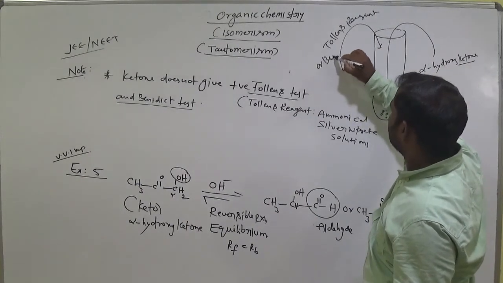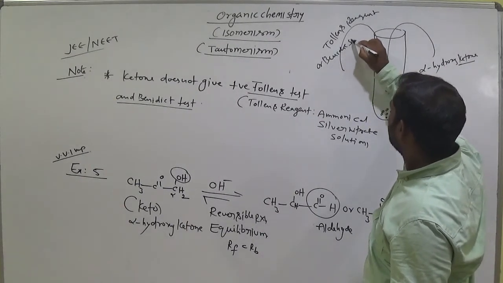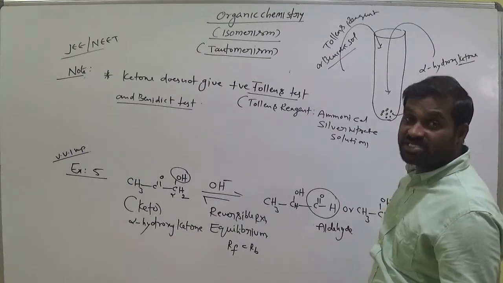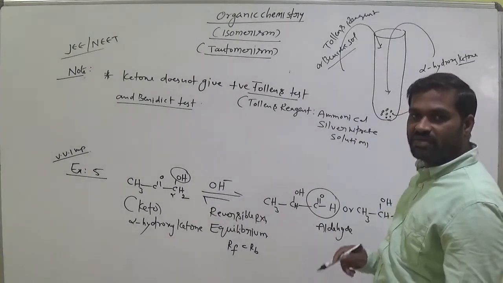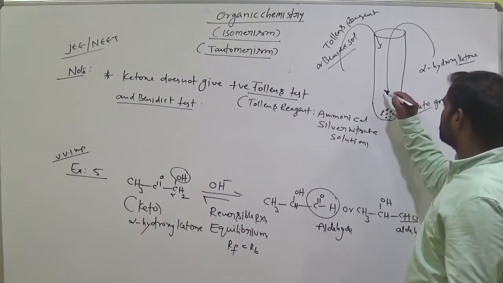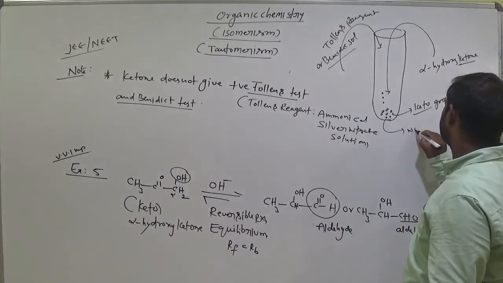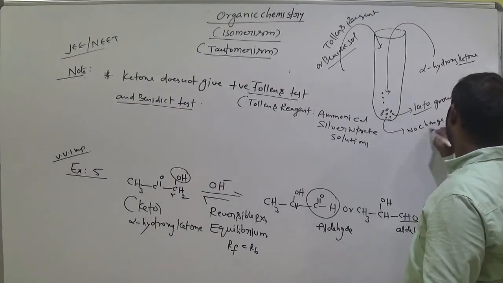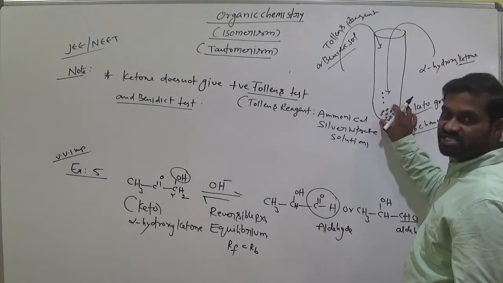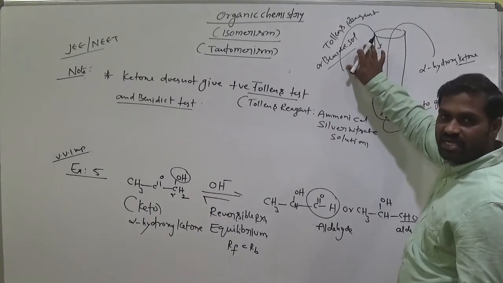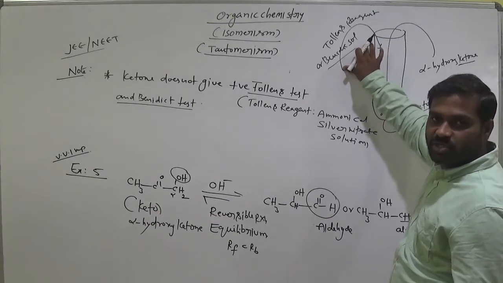Now suppose you add 1 or 2 drops of Tollens reagent or Benedict solution, just 1 or 2 drops. No change. That means this keto compound does not interact with the Tollens reagent or Benedict solution.